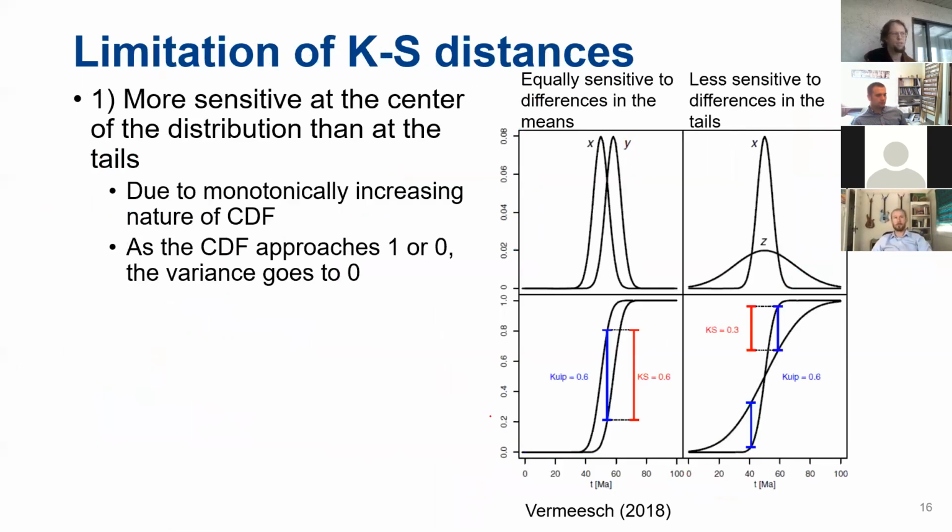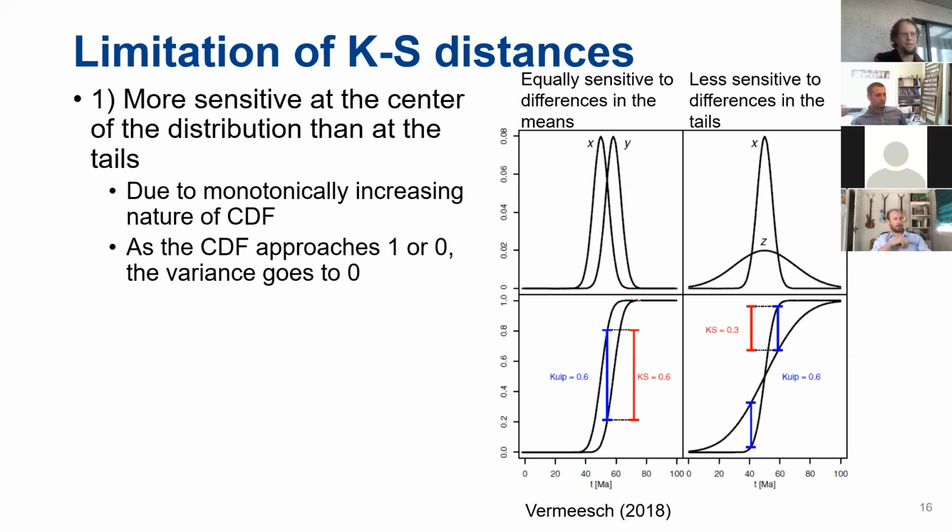There are some limitations, particularly of the KS distance, and this has to do with its sensitivity to the extrema. Because the CDFs monotonically increase from 0 to 1, the variance goes to 0 as you approach either 0 or 1.